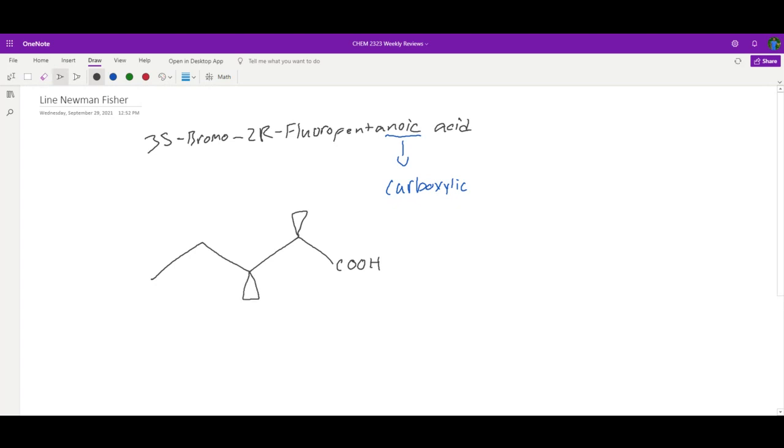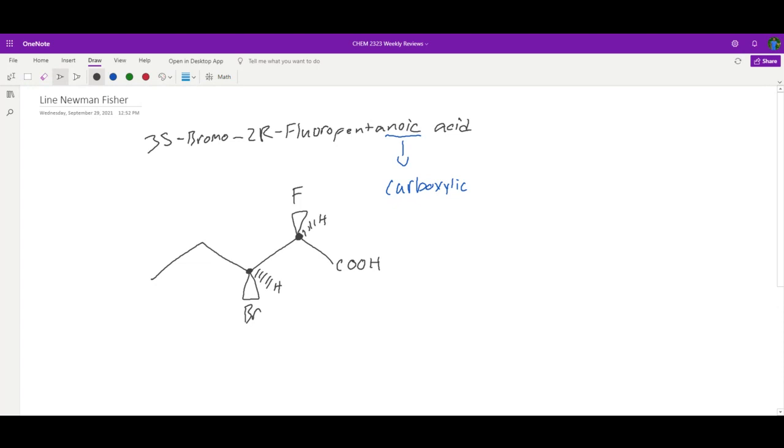So I'm going to always put both wedges. I'm going to put fluorine here. I always do wedges because I like to keep my hydrogens as a dash, so I don't have to flip anything. So these are going to be my main carbons.